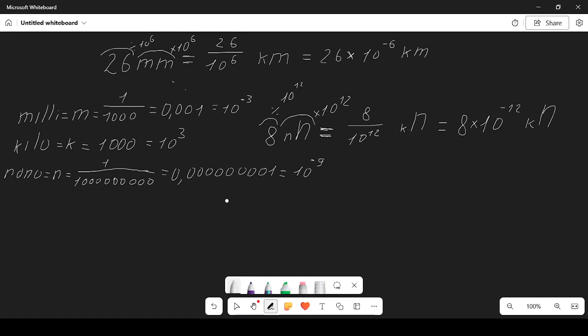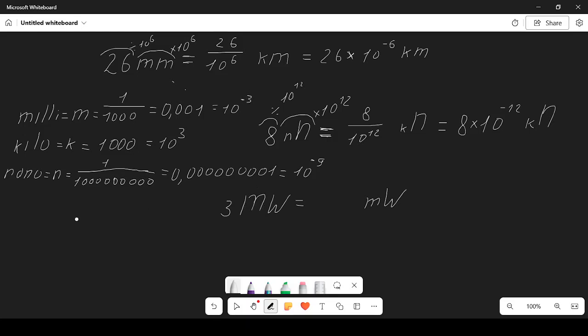For example, we have 3 megawatts, and we want to express it in milliwatts. We already know what milli is. Milli is 1,000th part, or 10 power negative 3.